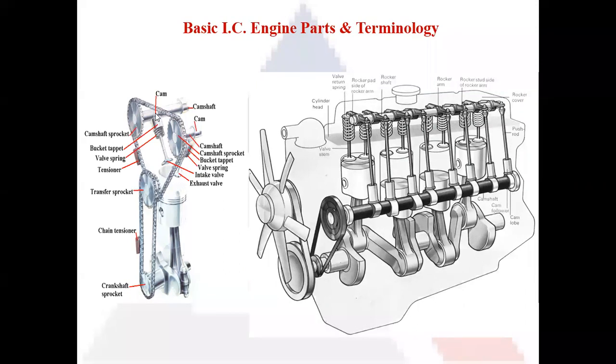Now these cams are timed or designed to open and close the valves at the required time, when the requirement is there to open the inlet valve so that the air fuel mixture comes in. So the cam comes in front of this valve and it pushes the valve downwards and the valve opens. Similarly, the exhaust valve is opened and closed with the help of these cams that are installed on the camshaft.